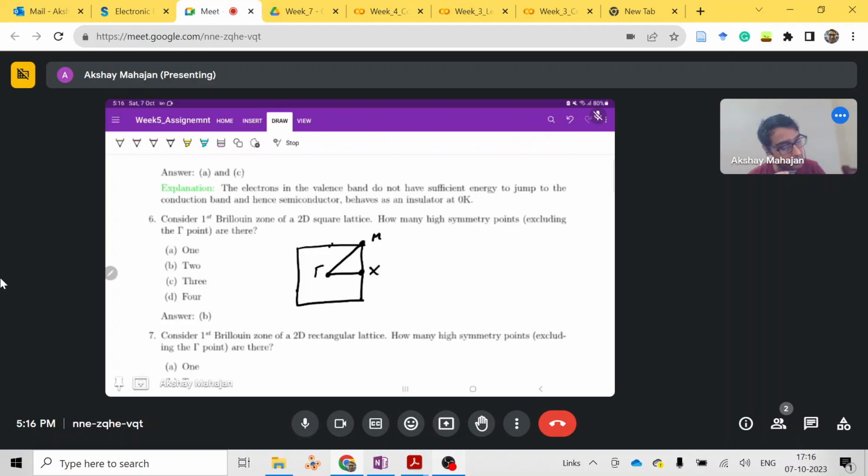So X and Y points will be the same. This will be your irreducible Brillouin zone, so you just need these 3 points only. Other than the gamma point, there will be just 2 points, X and M. So the answer should be B.